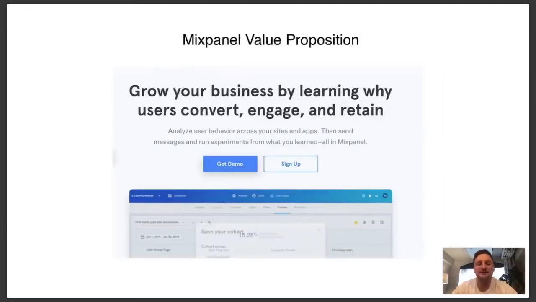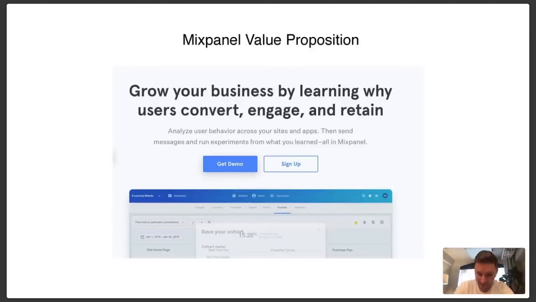Let's say the Mixpanel value proposition. Mixpanel is an analytics platform, and they are not focusing on what the platform is currently doing. They are focusing on the customer. They are saying grow your business by learning why users convert, engage, and retain.